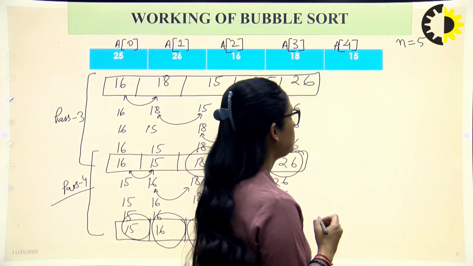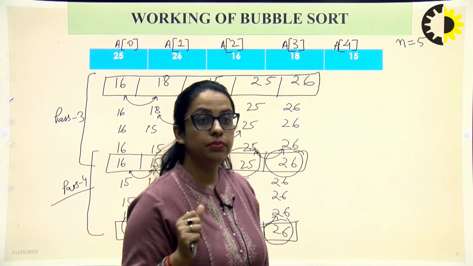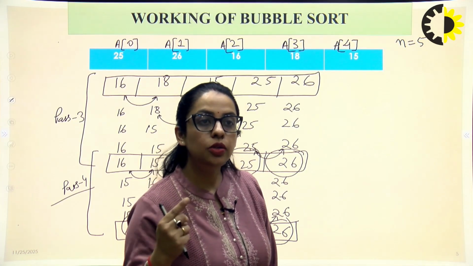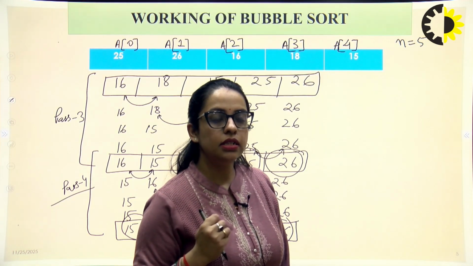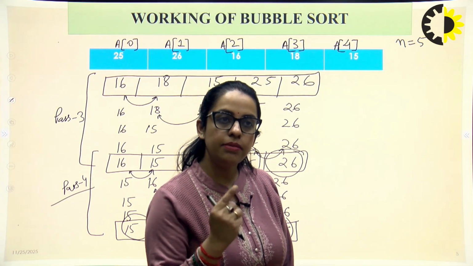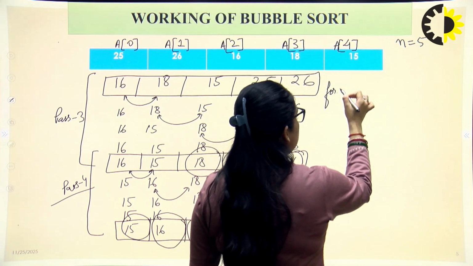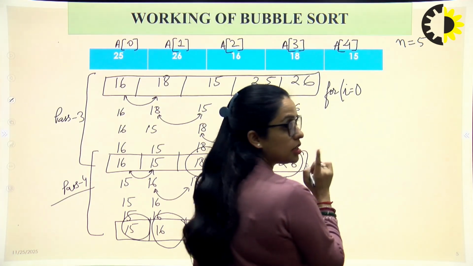So to begin with, we have to take two loops. First, the outer loop is for the number of passes. For n elements, how many passes are we going to take? N minus 1. So I am going to take a loop I beginning with 0.